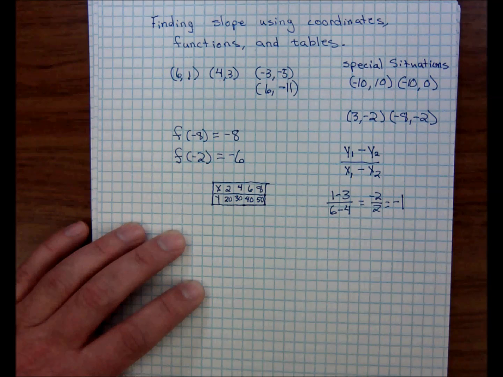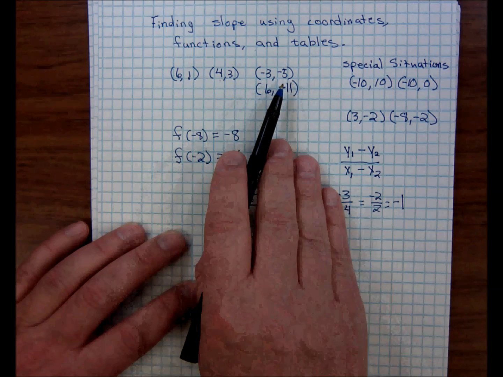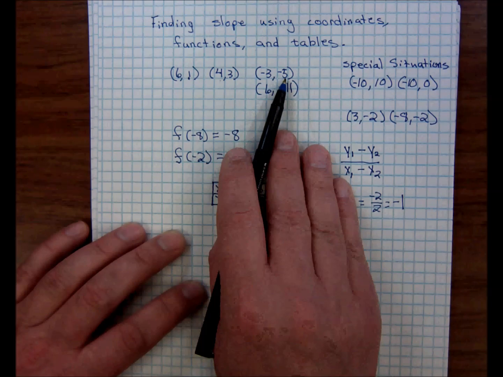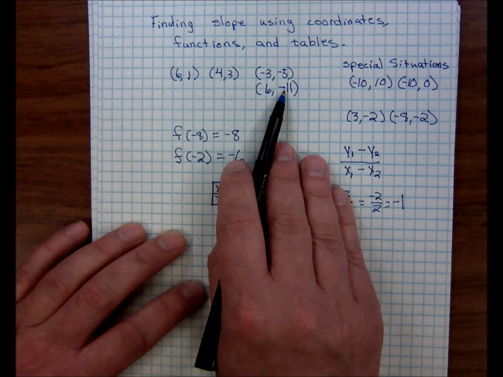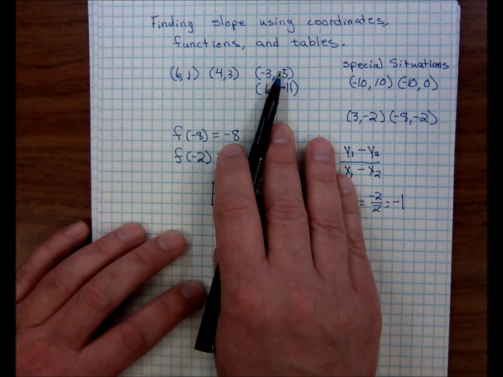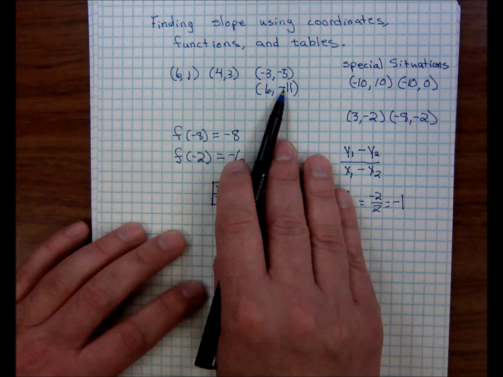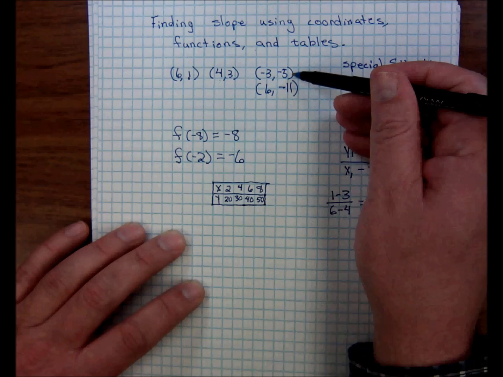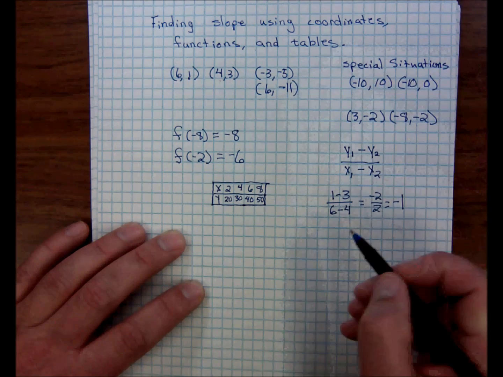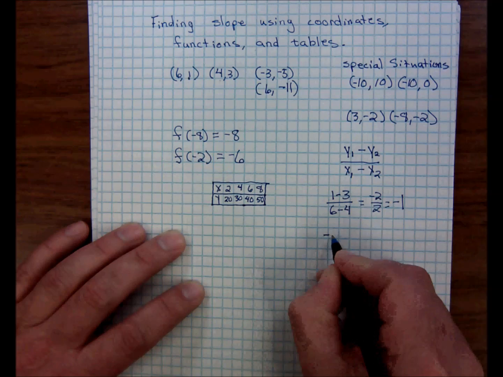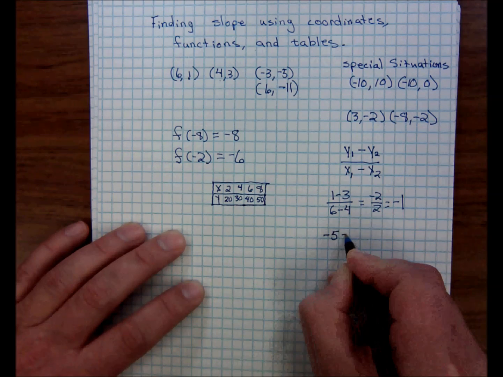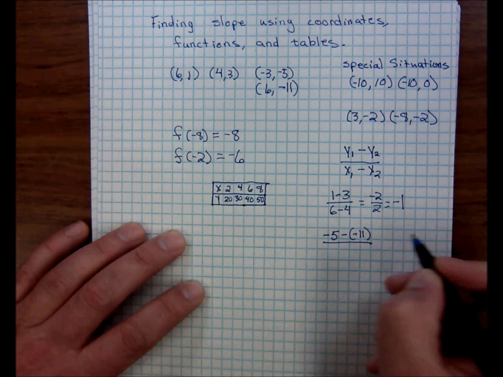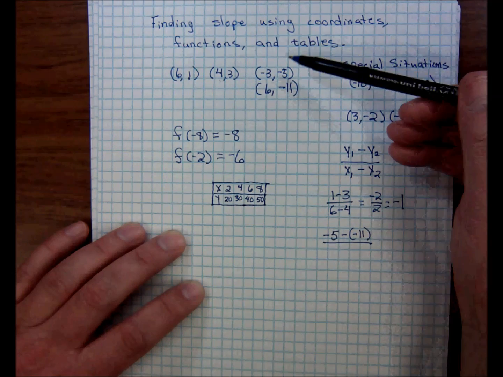Let's do this instance here with these 2 coordinates. And again, it does not matter which order. The only thing you have to be careful about is when we do have subtraction of negatives. So again, we're going to take y minus y: negative 5 minus a negative 11. Then take our x coordinates in the same order: negative 3 minus 6.